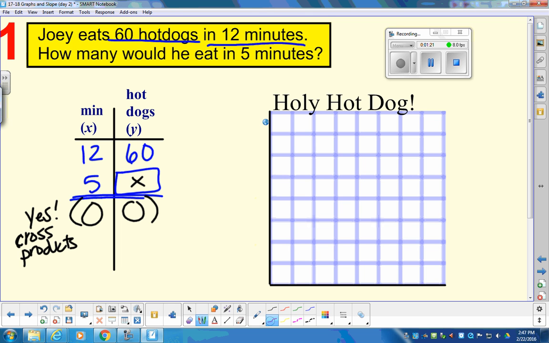So we would multiply here, we have 12 times x equals, multiply here, 60 times 5, which gives us 300. We would divide by 12, and we would find out that Joey eats 25 hot dogs in 5 minutes using that same relationship.